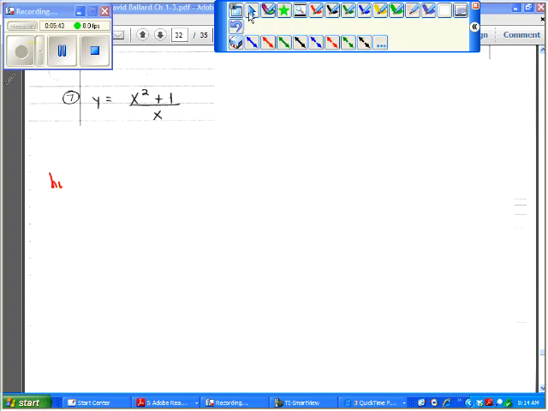The degree of the numerator is greater than the degree of the denominator. Okay, so for a horizontal asymptote, what would that tell us? If the degree of the numerator is larger than the degree of the denominator, then there's no horizontal asymptote. Now, what about a vertical asymptote?